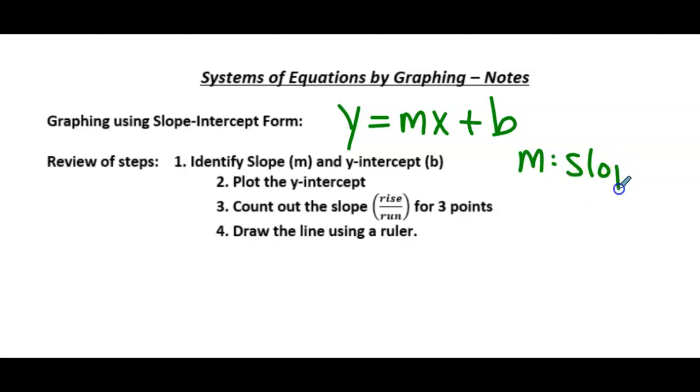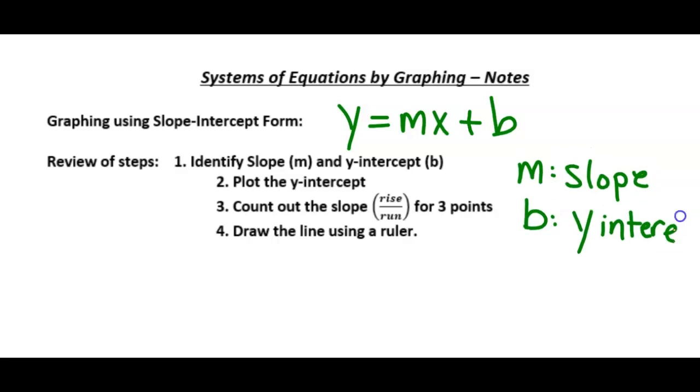M stood for slope, and b stood for our y-intercept. It did not stand for anything else.